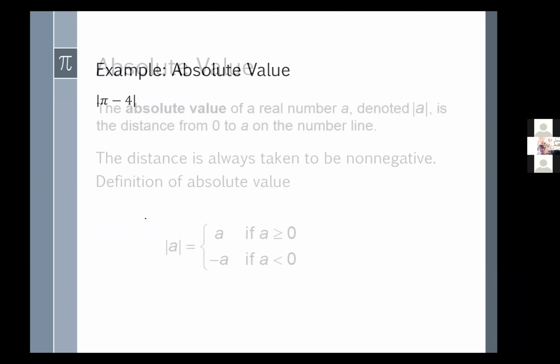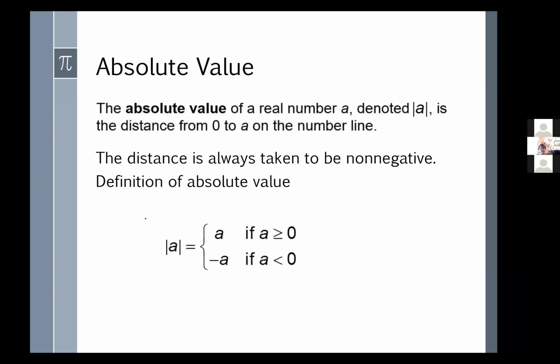The definition of absolute value, which I've kind of glossed over thus far, but let's talk about this for a second. What's the definition of the absolute value? The definition of the absolute value is that it's the distance this number is from 0 on the number line.